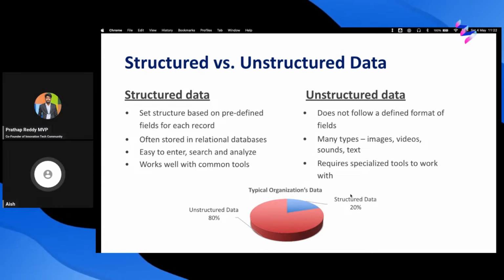For example, if you are a product manager at Meta, or at Instagram, and you have to construct the data architecture, you will say that, okay, if I'm a user logging into Instagram, then my username, password, my country, and other profile details, that kind of information is stored in the structured data.